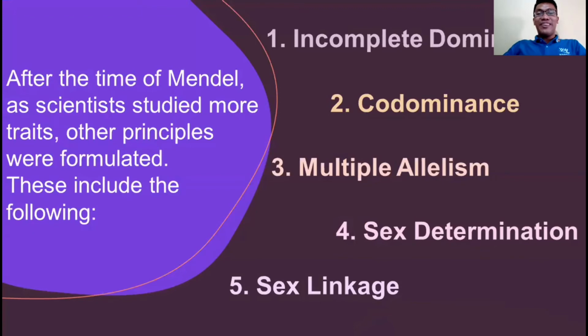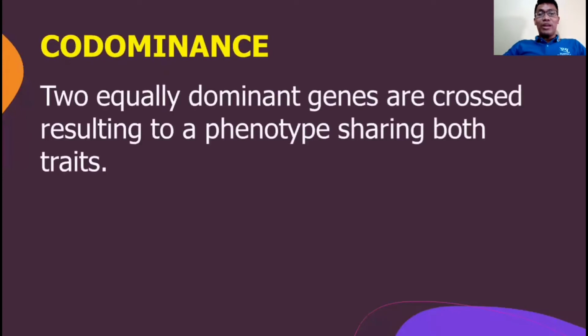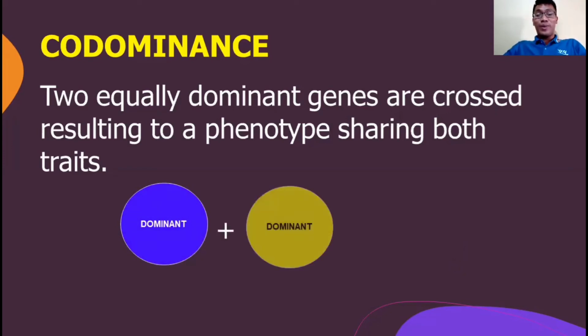In the previous video, we discussed incomplete dominance, and now we're going to discuss codominance. Codominance is described as two equally dominant genes are crossed, resulting in a phenotype sharing both traits. For example, we have a trait which is color blue crossed with a trait which is color yellow.